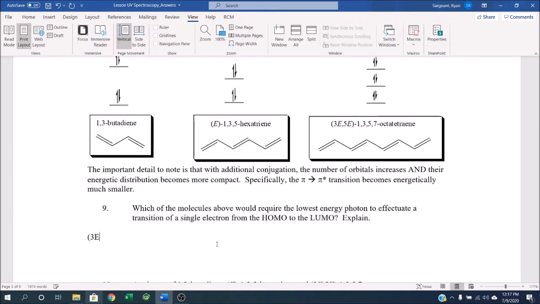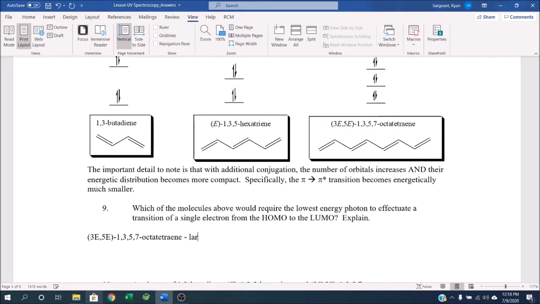(3E,5E)-1,3,5,7-octatetraene. And so this one would require the lowest energy. And explain. Okay?